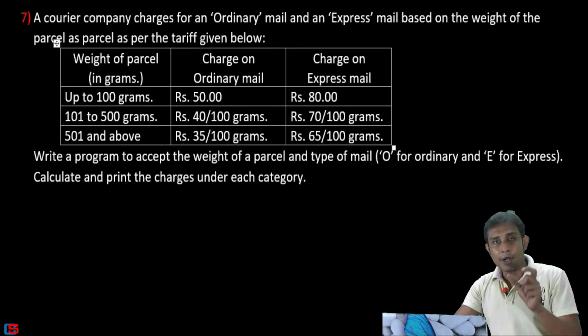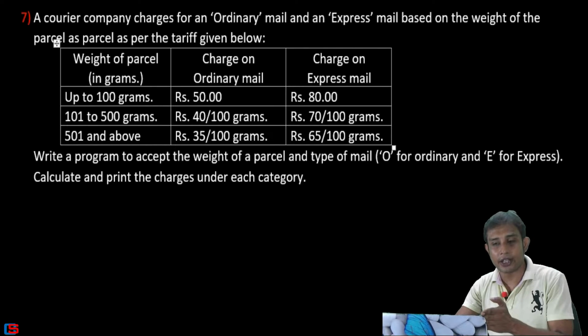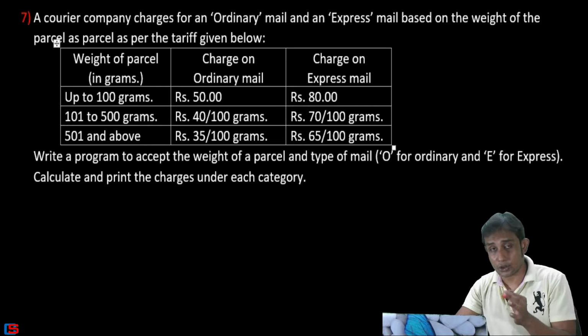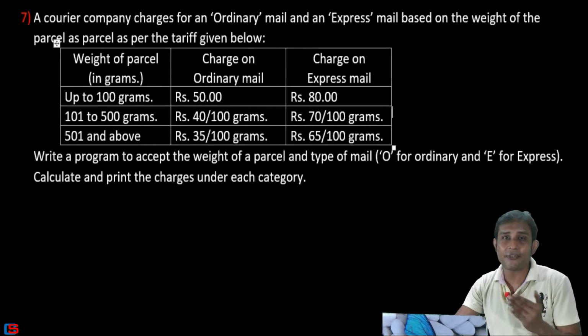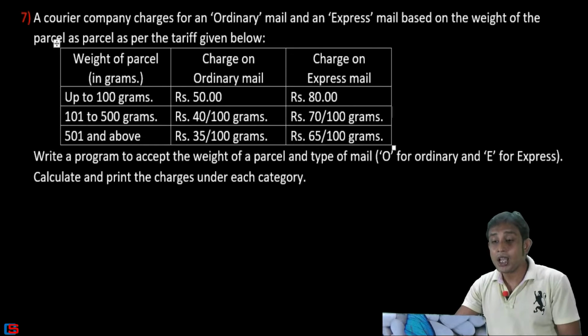Suppose the weight of the parcel for ordinary mail is 203 grams. For the first 200 grams it is calculated as rupees 40 per 100, and the remaining 3 grams are also charged as rupees 40, not as a fraction of rupees 40. So in this way the calculation actually takes place.